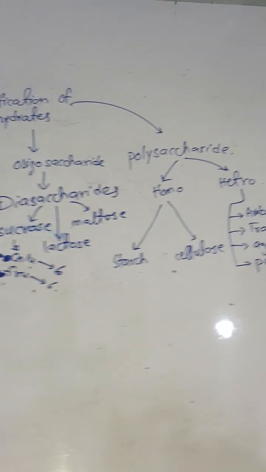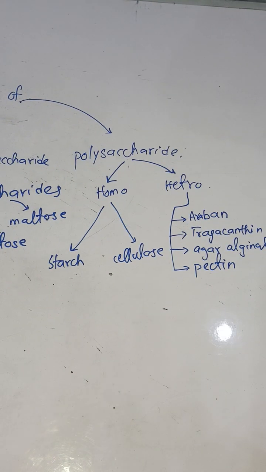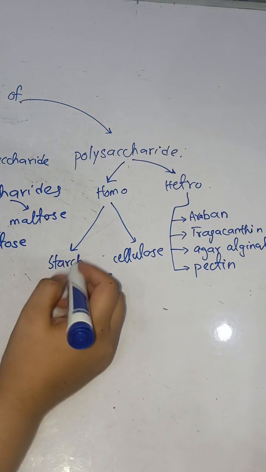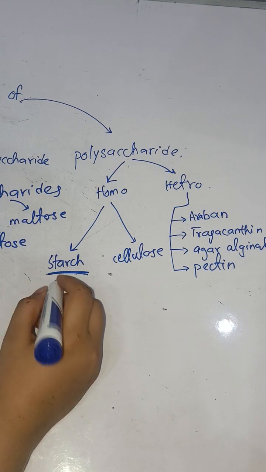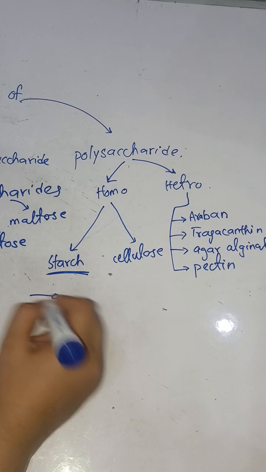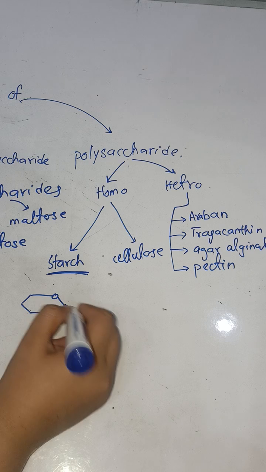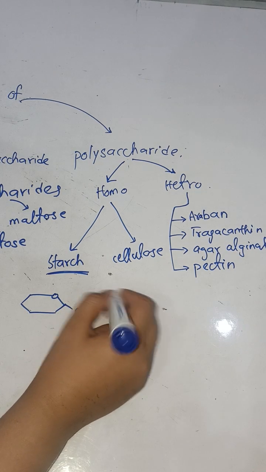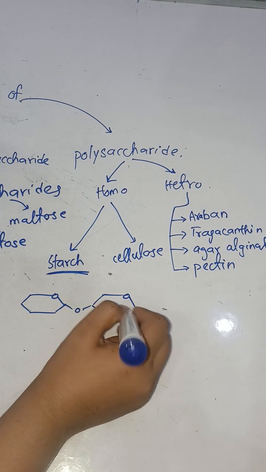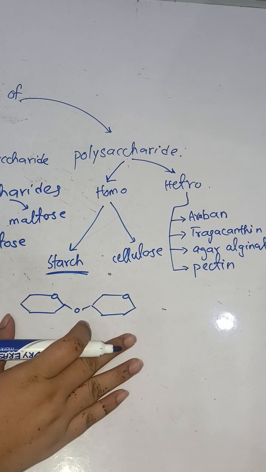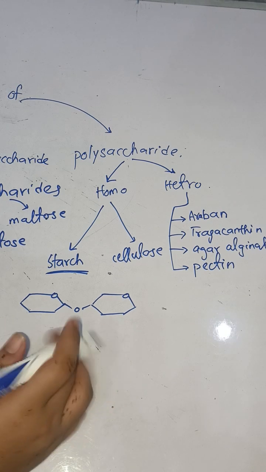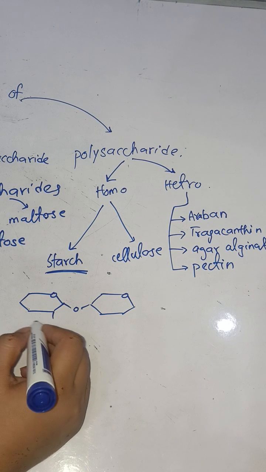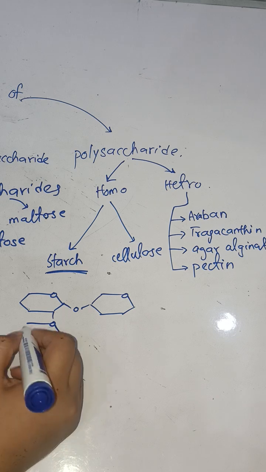And if we see the polysaccharides, they are made up of many sugar units. Like starch: if we see the starch structure, a lot of glucose molecules attach with themselves. I am making a chain of glucose units. This is two glucose units. Now I am increasing its length and making more bonds.